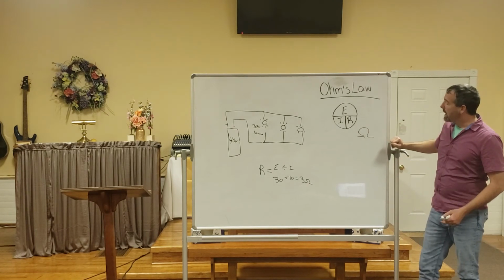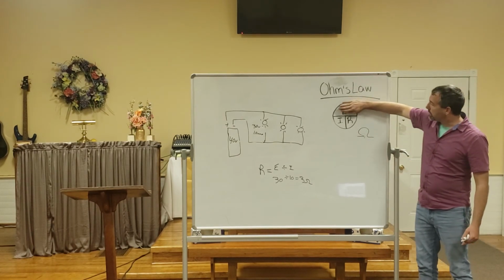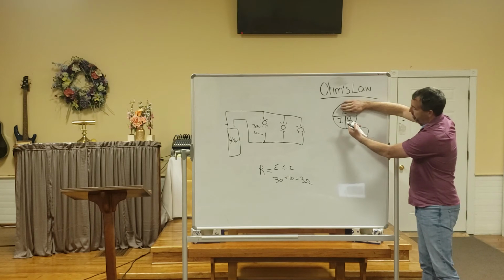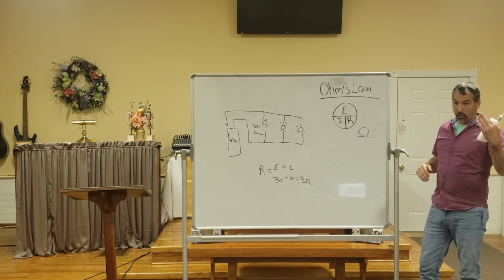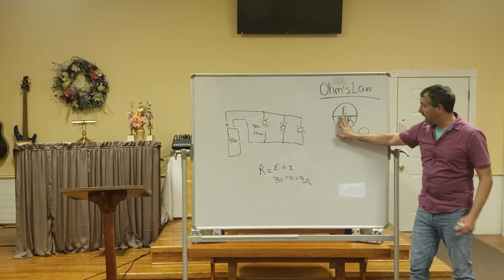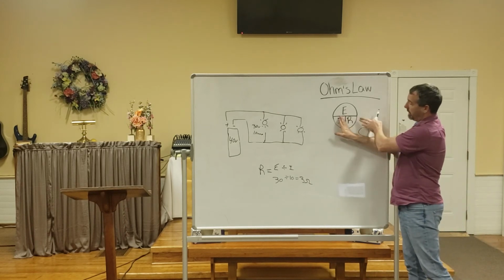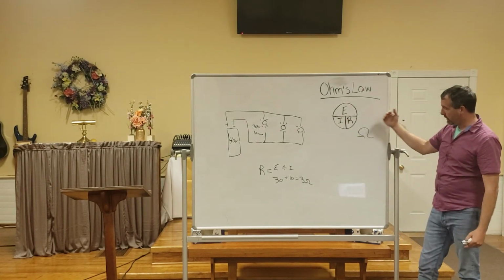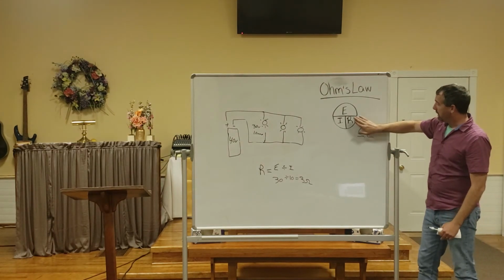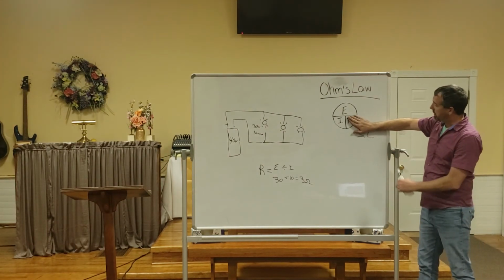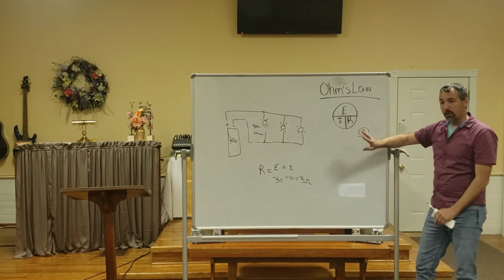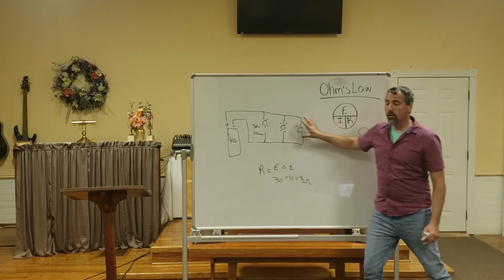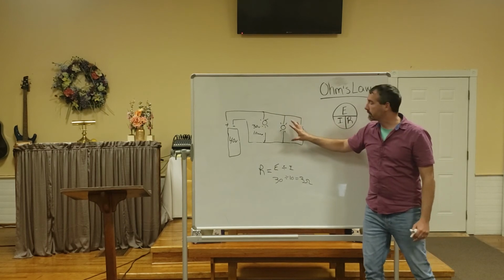If we wanted to know what the voltage is, we just put your hand over the E, and it's I times R. If you want to know what your current is, you just cover up the I, and it's E divided by R. If you want to know what your resistance is, you cover up the R, and it's E divided by I. And so you use this formula in order to solve your parallel circuit.